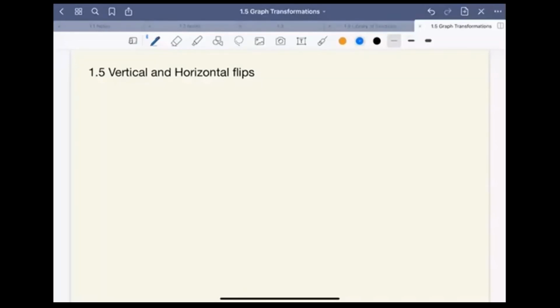All right, welcome back. The last thing we're going to look at is horizontal and vertical flips. Okay, and those don't have any crazy things. Those are just going to be, so f of x, when we change to f of negative x, that's a flip across the y-axis.